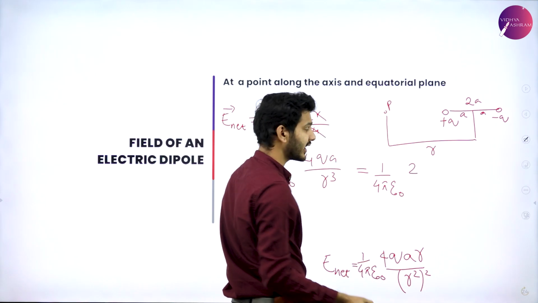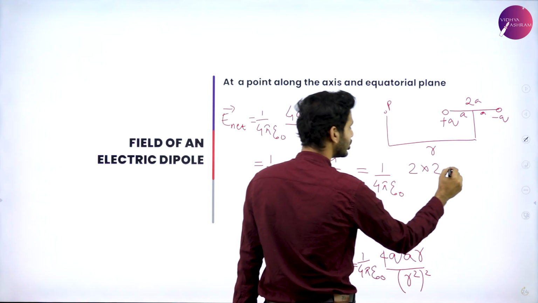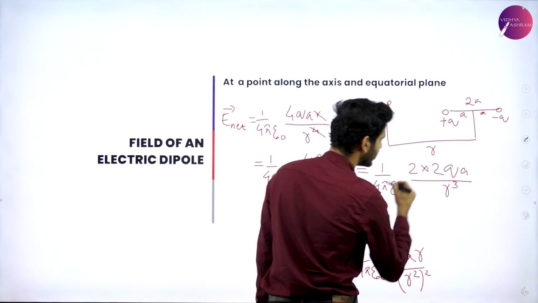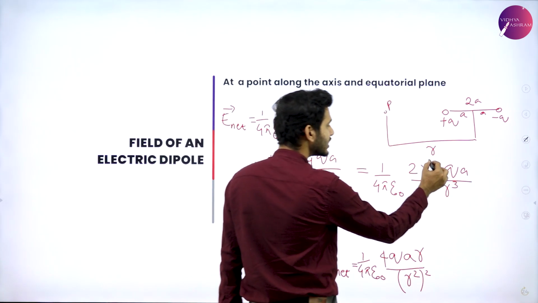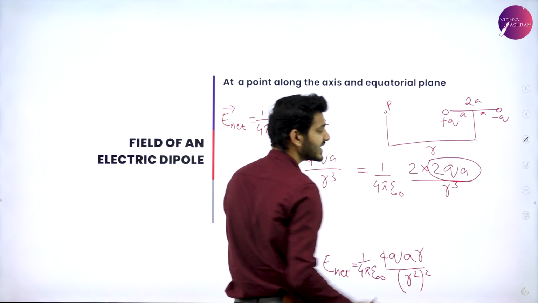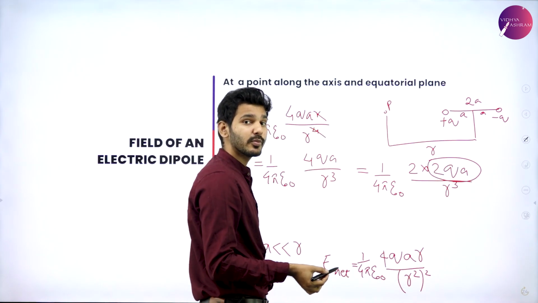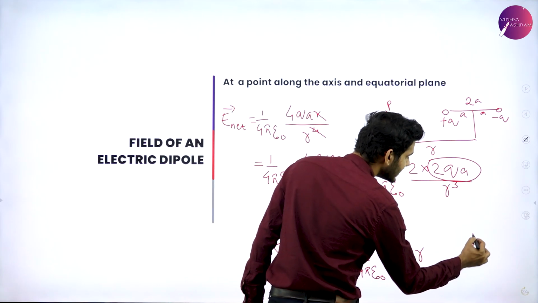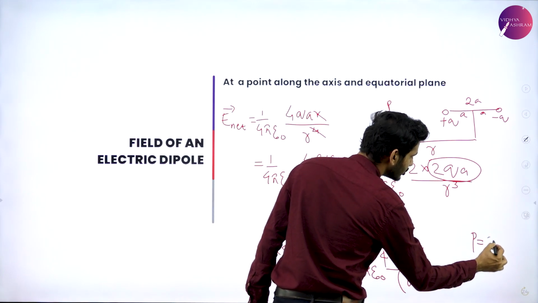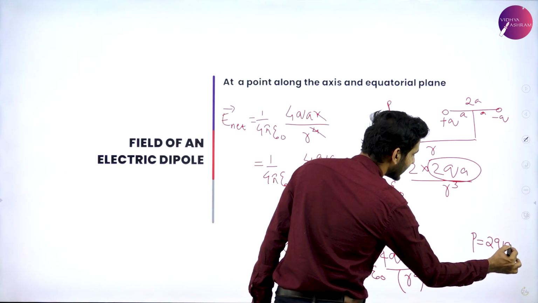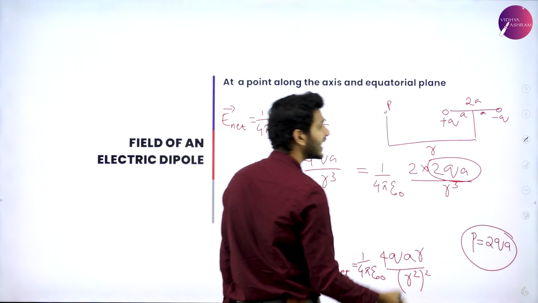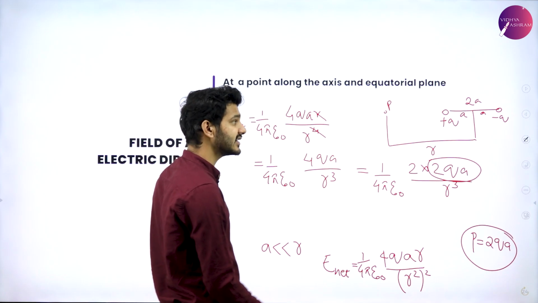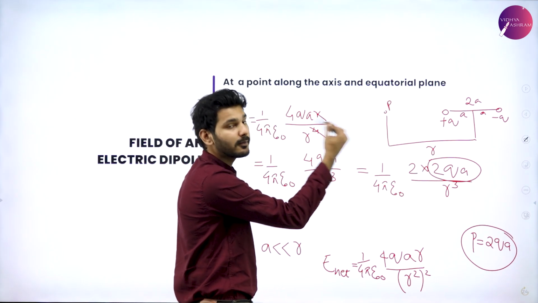I'm writing the 4 as 2 into QA divided by R cube. So we know that 2 into QA is nothing but the dipole moment we found out earlier. So P is equal to 2QA. This is the dipole moment of this particular dipole, and the direction of the dipole moment is from negative Q to positive Q.